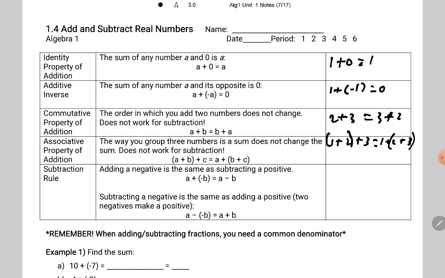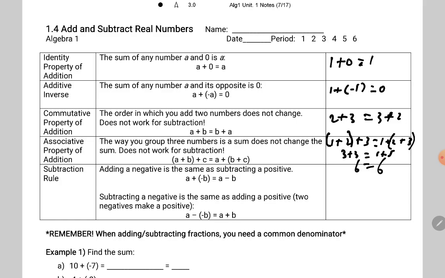So 3 plus 3 is 6, and this is 5 plus 1 is 6. So we'll get the same thing. 3 plus 3, 1 plus 5, 6 equals 6. So it doesn't matter which ones you add first if you're just adding numbers.